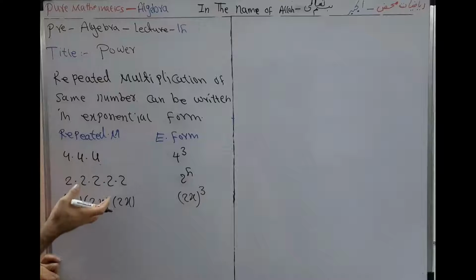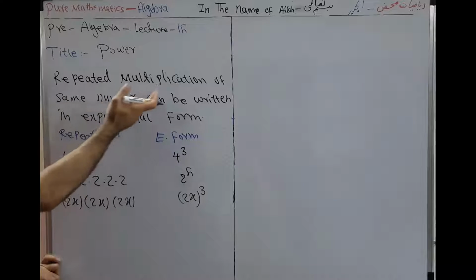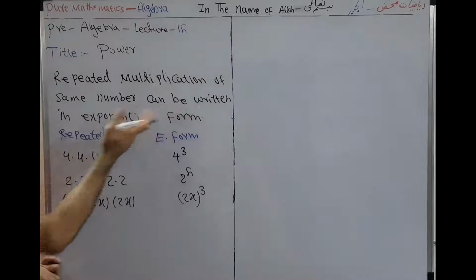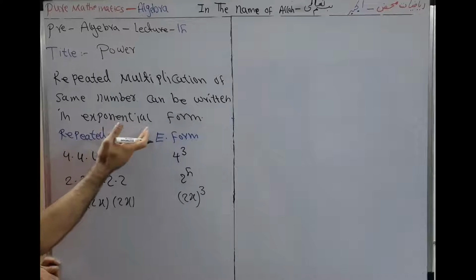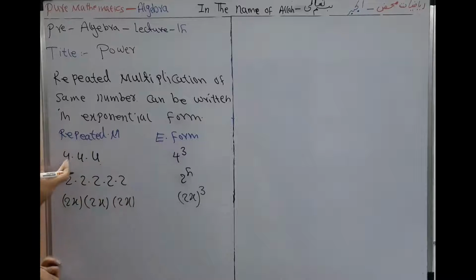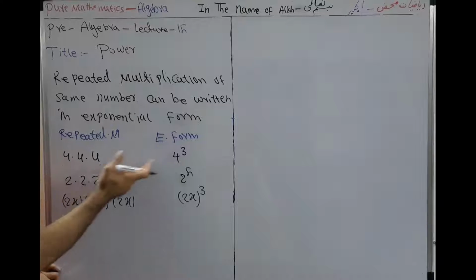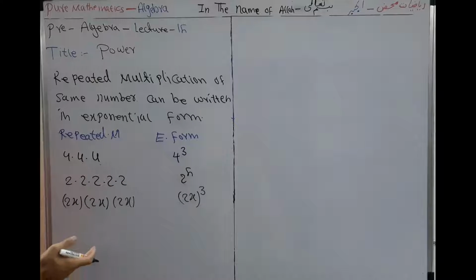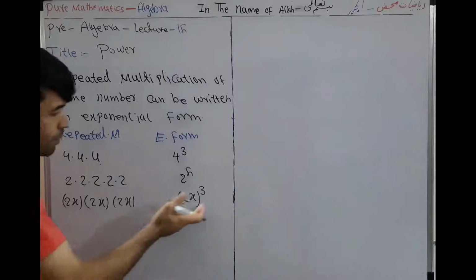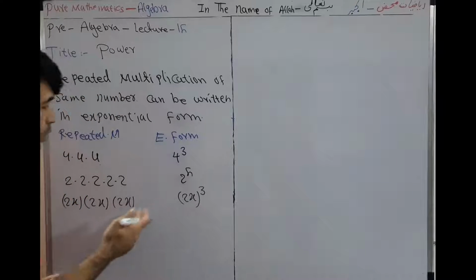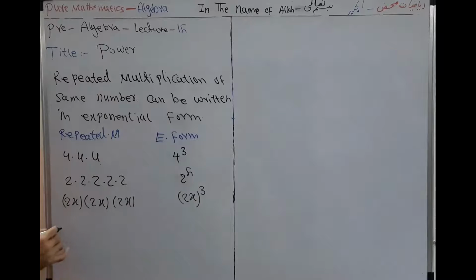It is the concept of power. Repeated multiplication of the same numbers can be written in exponential form. As you see here, repeated multiplication 4 into 4 into 4 is 4 to the power 3. 2 multiplied 5 times is 2 to the power 5. 2x into 2x into 2x, 3 times, we can write 2x to the power 3.